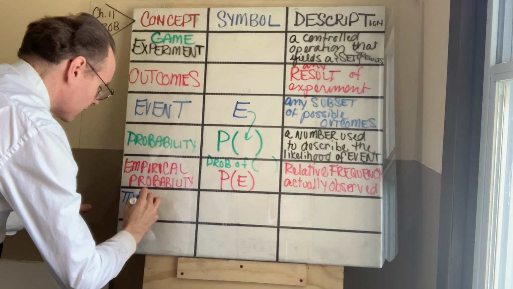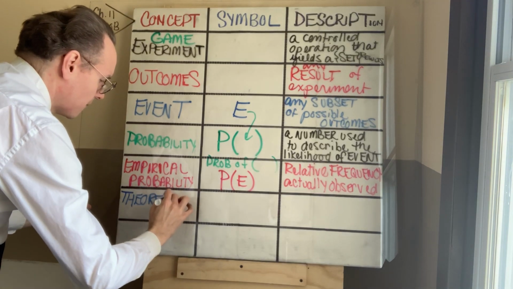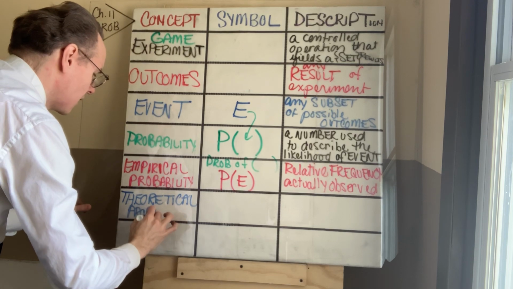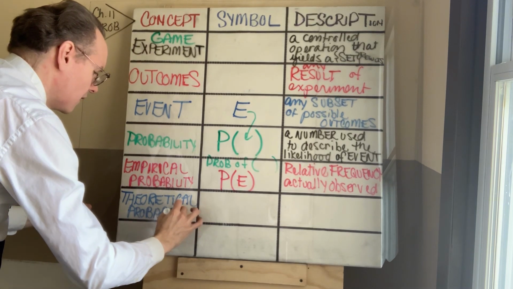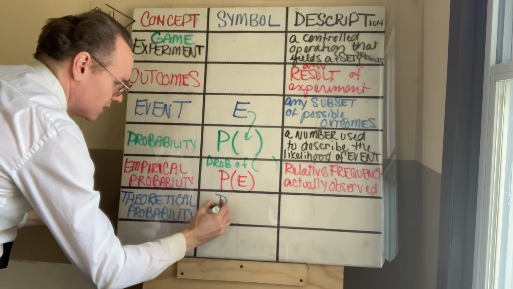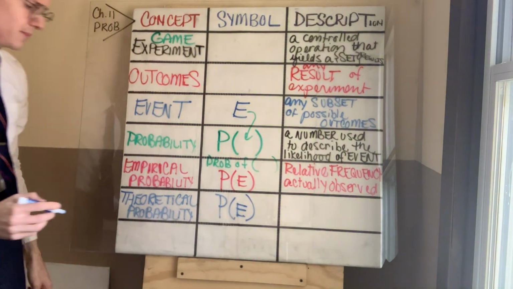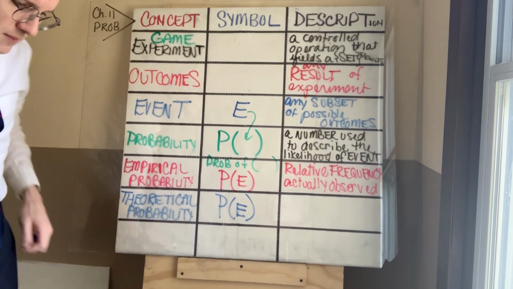I'll get to some diagrams. Again, this is indistinguishable in terms of its abbreviation from empirical probability.